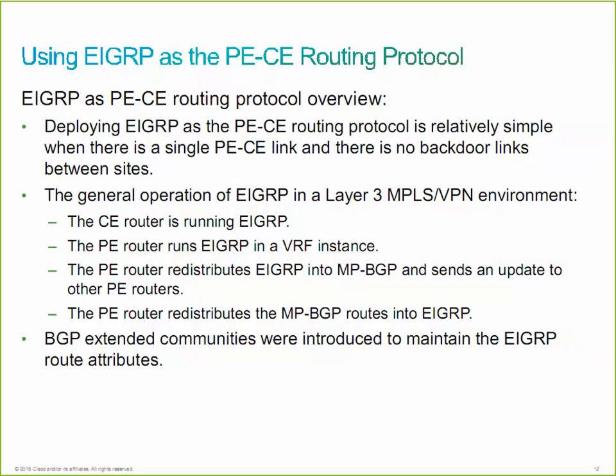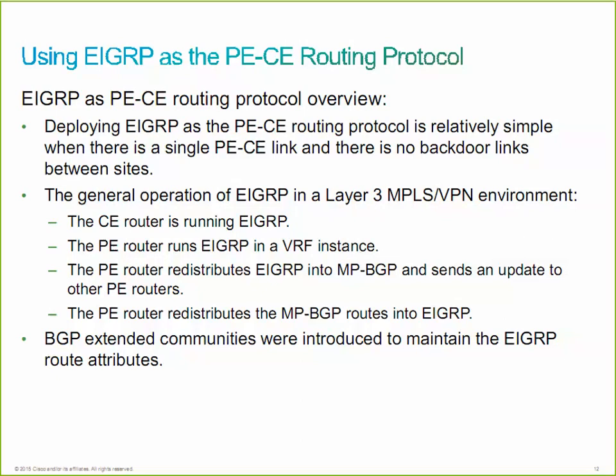The autonomous system number information, route tags, the remote autonomous system number information, if we have a different remote autonomous system, remote IDs, remote metrics, just all of the characteristics that I would want to maintain in the EIGRP domain that would get lost if we just simply did, without community attributes and extended community configurations, we would lose all that information if we were doing redistribution from EIGRP into BGP and then back from BGP into EIGRP.